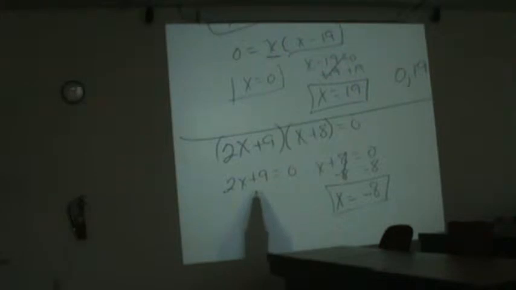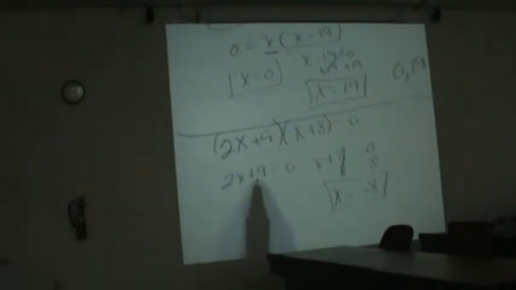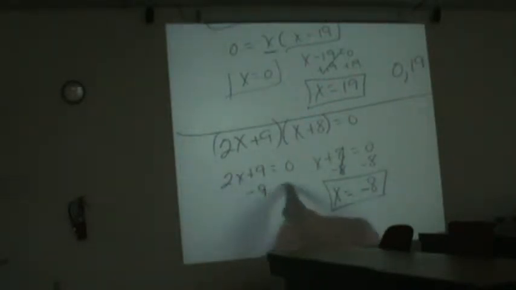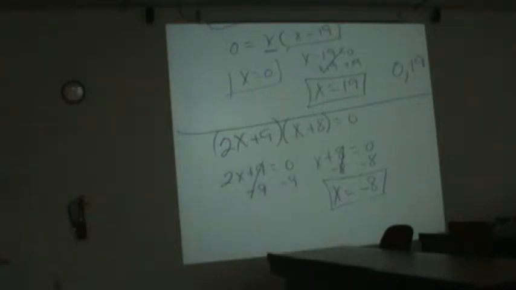And what's the first thing you do when you have a multiply and an add? Subtract. Right. You want to do the add or subtract part first. So subtract the 9 from both sides. You have 2x equals negative 9. Now what do you do? Divide by 2.